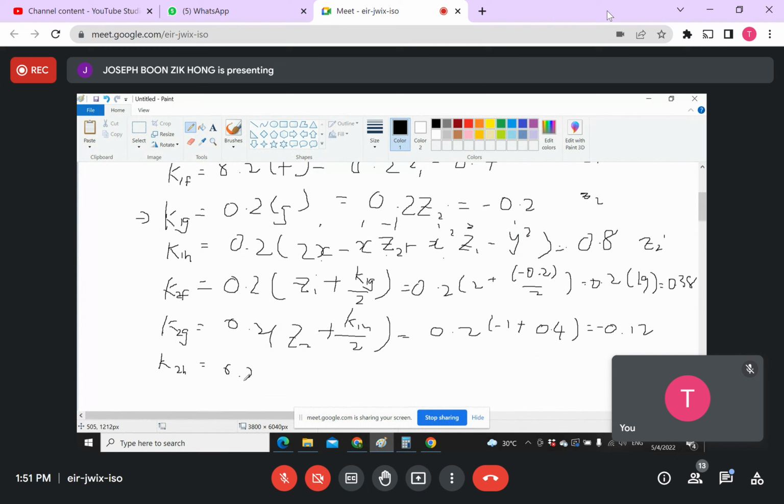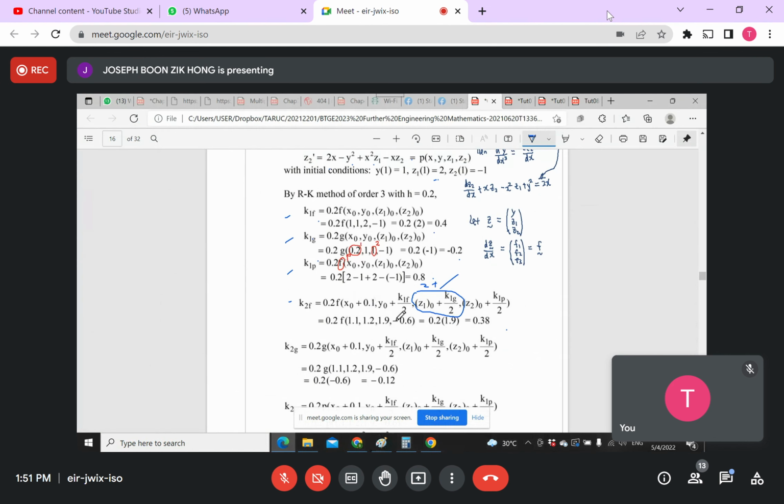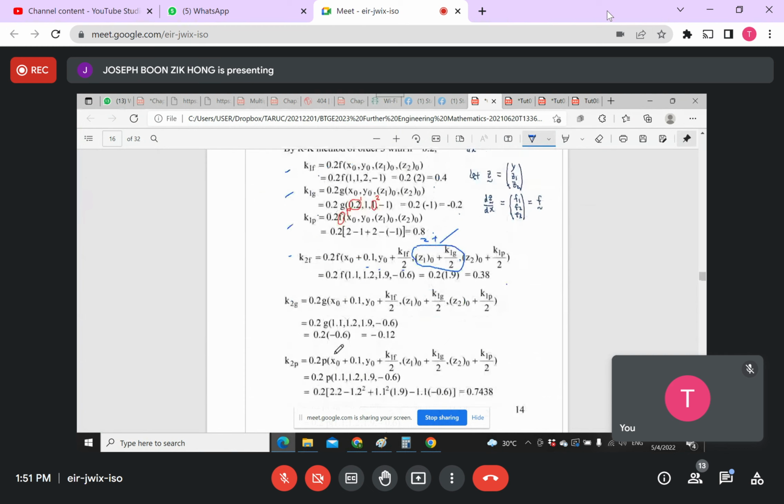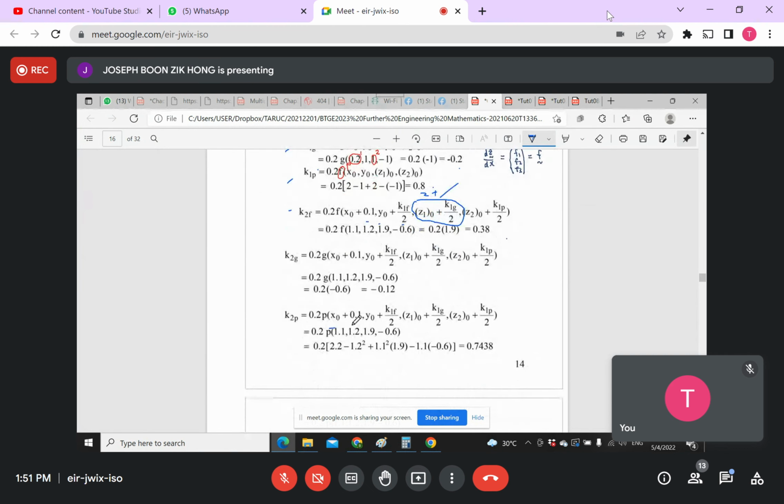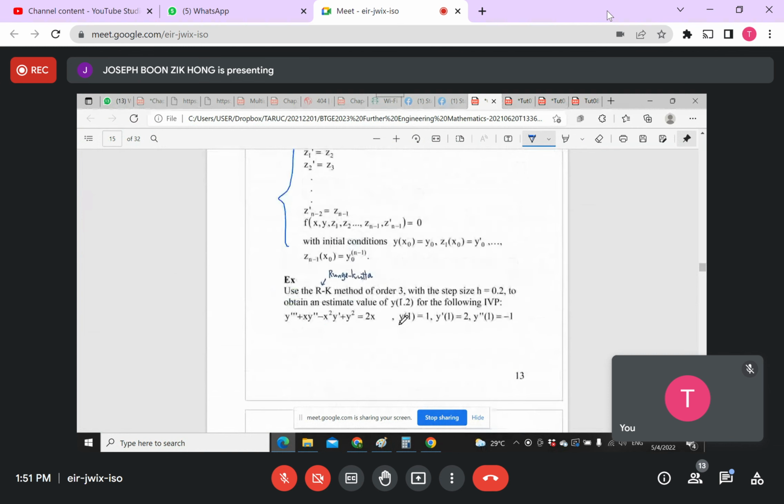K2H will be 0.2 with this whole formula. But your X have to change, your X have to plus your H divided by 2, and then your Y naught. Your X naught plus H, your Y naught should be H divided by 2, am I correct? Yeah.